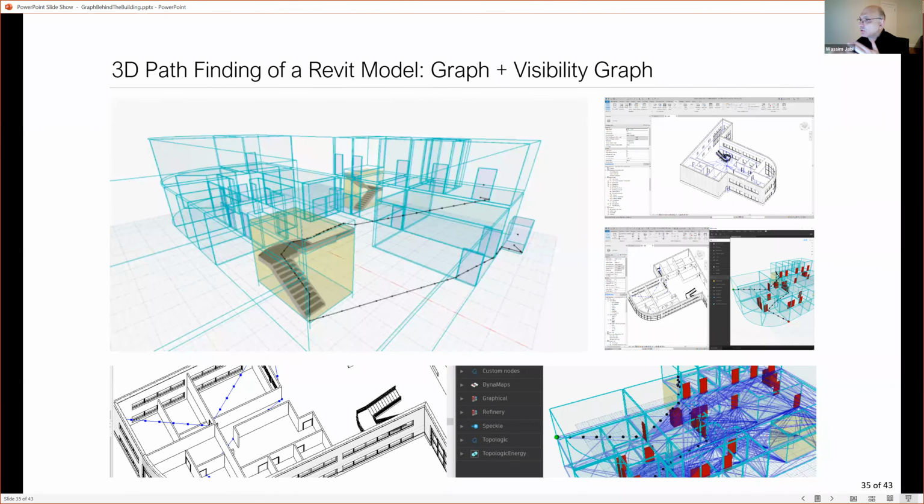And I said, well, those are one and the same. A graph is a graph, so it doesn't matter if it's 2D or 3D. So I connected those graphs together, and it's really just a matter of merging all the wires together, so that when you're navigating in 2D, at a certain point, one vertex is connected vertically to one below it, and you can now climb down the stairs.